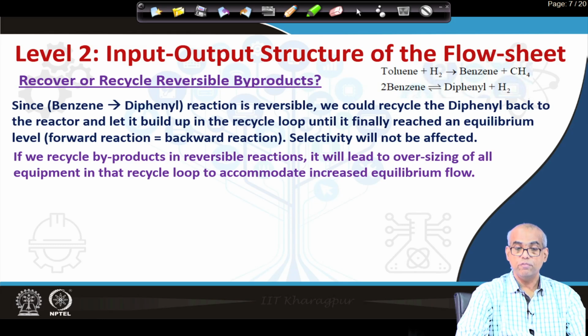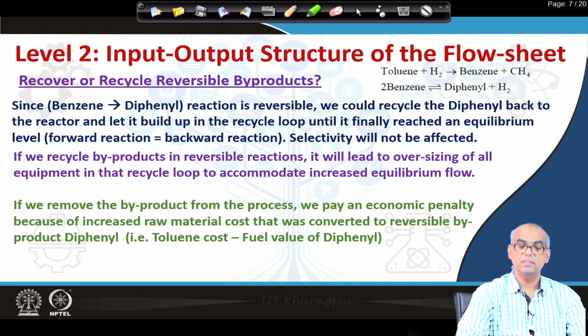Now, if we recycle byproducts in reversible reactions, it will lead to oversizing of all equipment in that recycle loop, because you now have to accommodate the increased equilibrium flow.